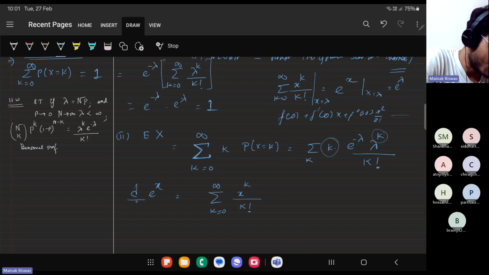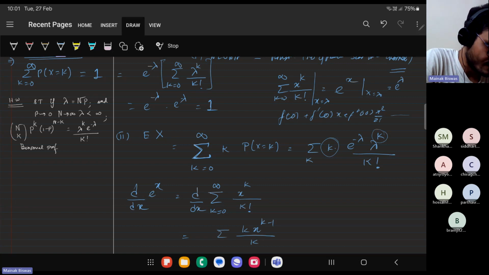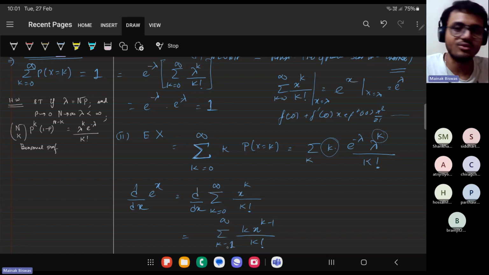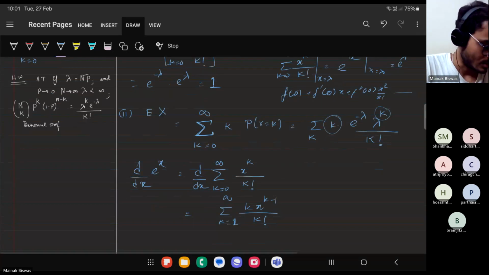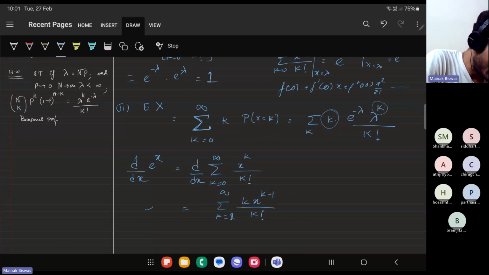If I take a derivative on both sides, what will I get? k x to the power k minus 1 by k factorial. Yes or no? As you told me, from 1 to infinity, right? Yes. Okay. So now e to the power x is also e to the power x only after derivative.